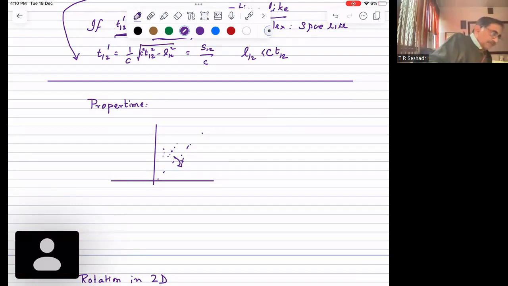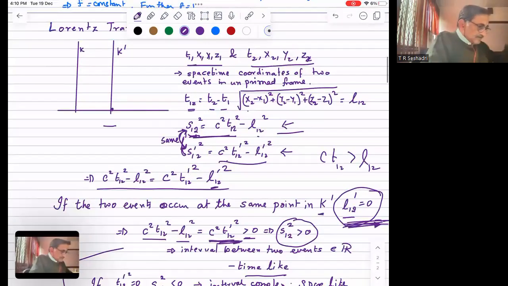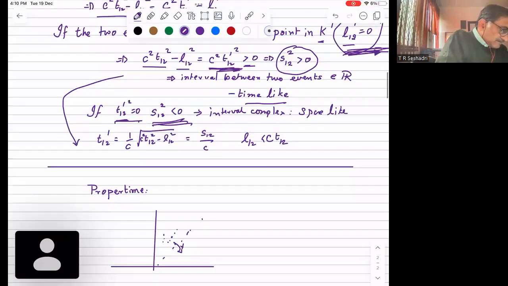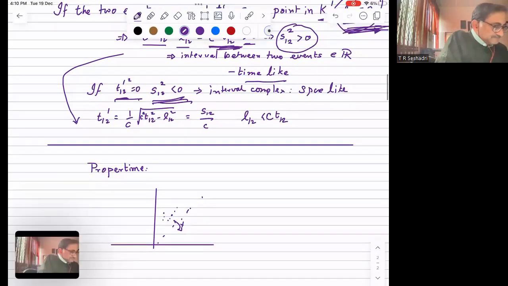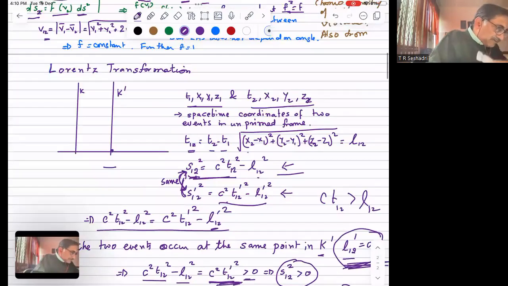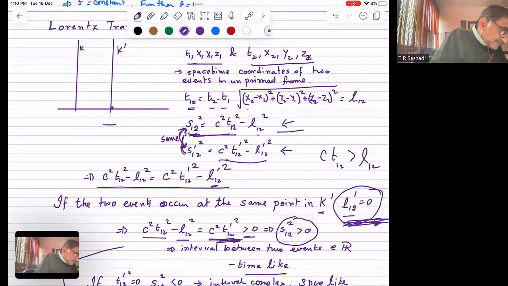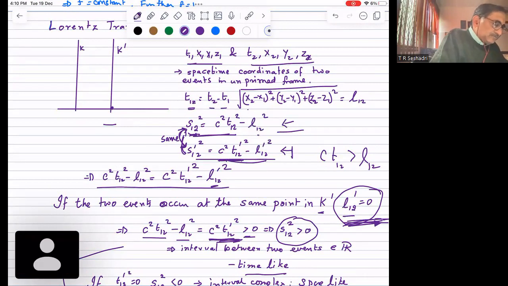That is what I am trying to emphasize. If it remains within the light cone, then it is time-like separation. Time-like, because I can always make a transformation. Just here, for example, this is greater than 0, which means T12 is greater than L12, so this is within the light cone.